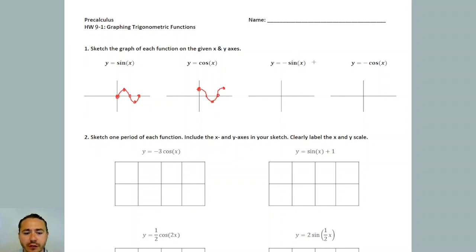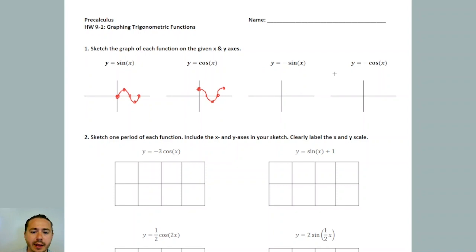Okay, so now if these functions are negative, the effect that has on the graph is the same as when you negate any function, which is it just flips the whole thing over the x-axis. Now when we're graphing these functions with transformations, instead of thinking about it as flipping it over the x-axis, we're just going to flip it over equilibrium because that would be the net effect at the end anyway, especially if you're dealing with vertical shifts.